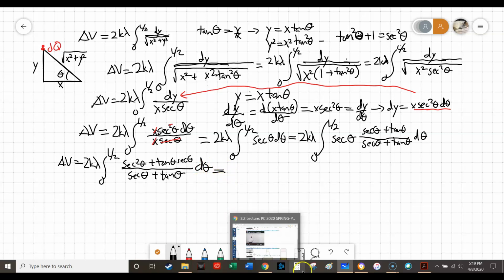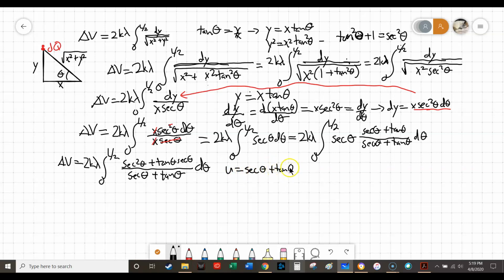So here's the part where we start doing U substitution. I'm going to select u to be equal to secant of theta plus tangent of theta. So I'm making it equal to what I put on top here. It's a trick I learned a long time ago from my old Calc 2 instructor.